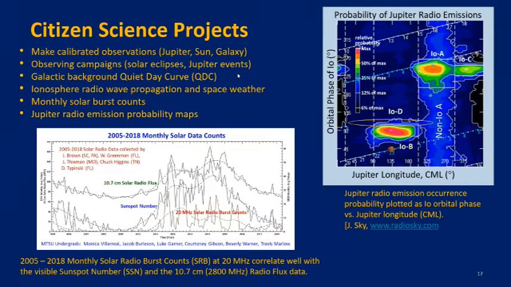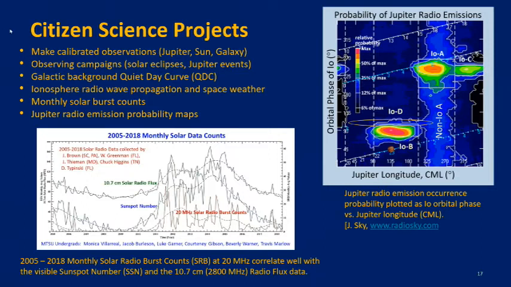So we've stopped there in about 2018, but I'm hoping to have someone go backwards and fill in this plot now that we're building back up towards solar maximum. So in 2025 or thereabouts, we'll have our next solar max, and we get a lot more solar radio bursts, as you can imagine, during solar max than we do during solar minimum.